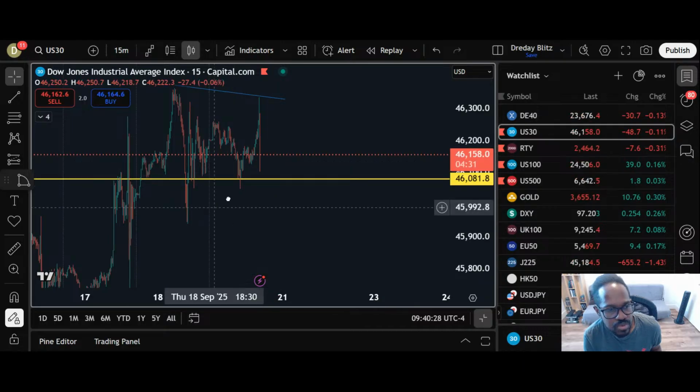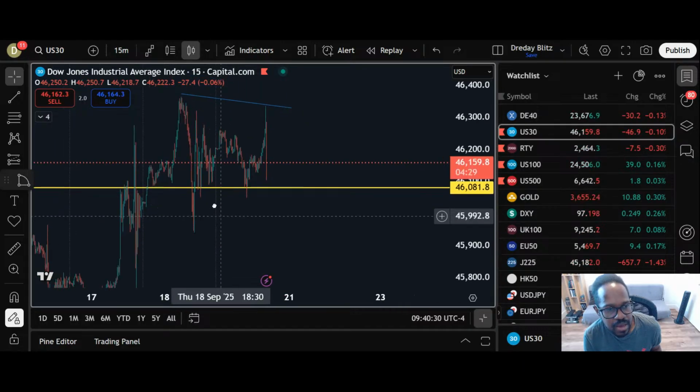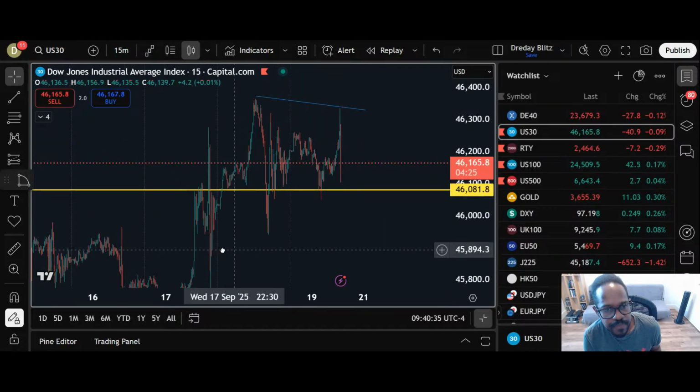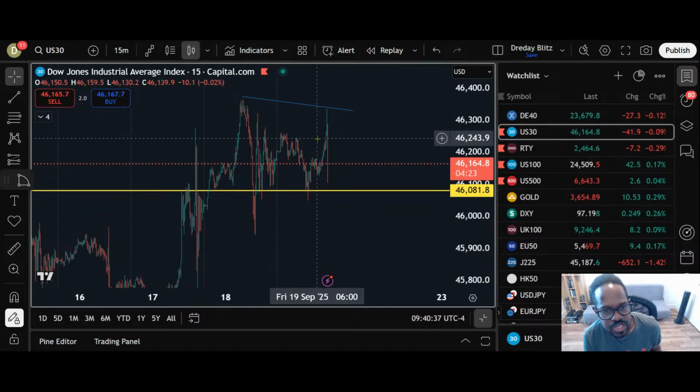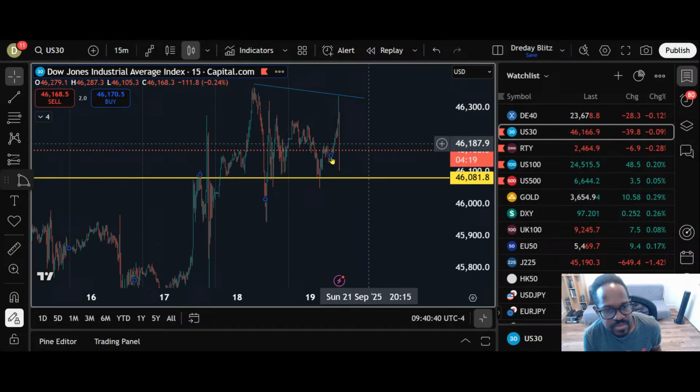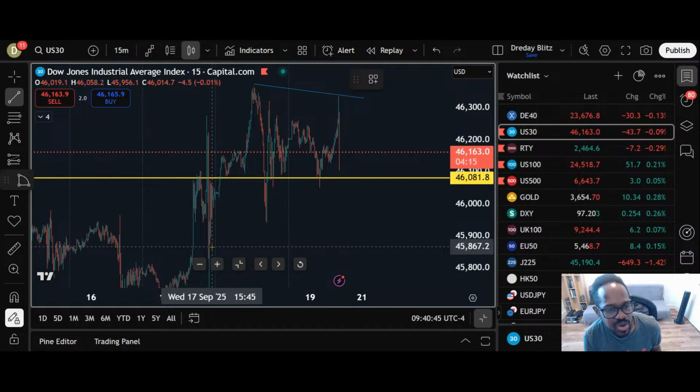What I mean by a flag is because you have a pole here, price started to range, and if we connect those lows, I'm just going to put it from here to here.